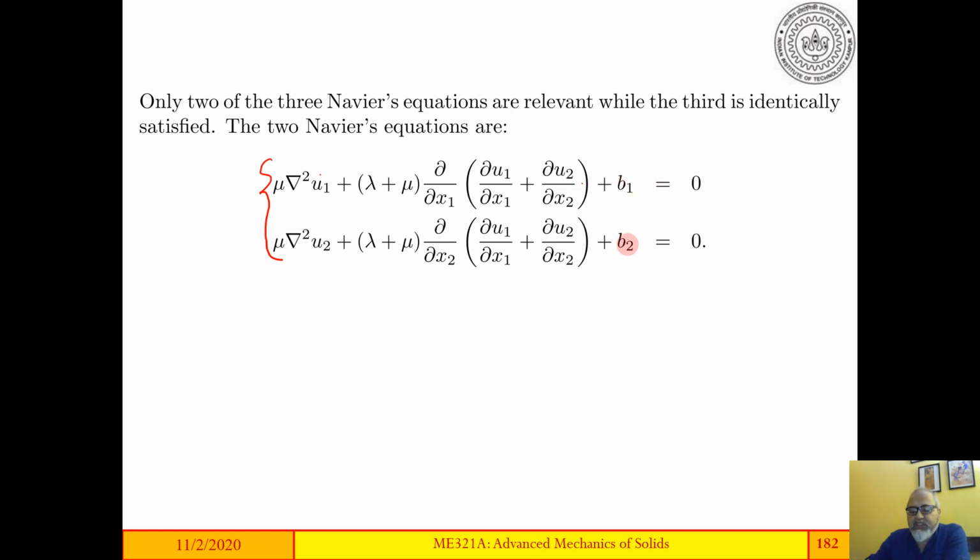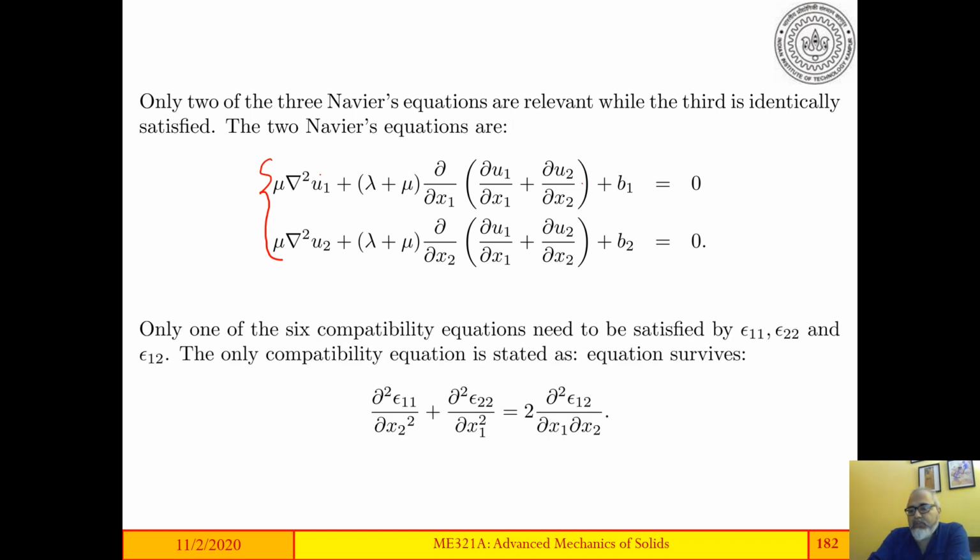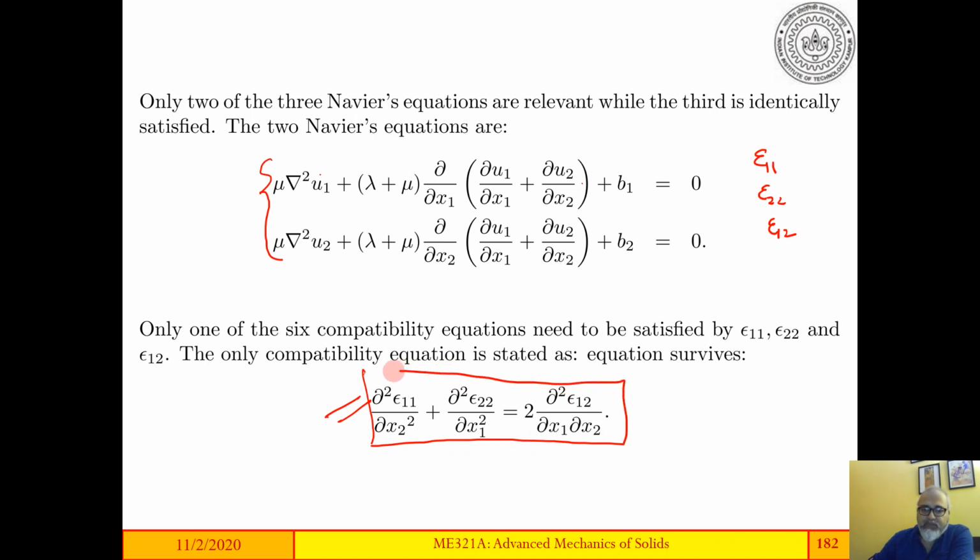You don't have B3, so the third equation, B3, also doesn't appear. So these are the two Navier's equations, and if you go back to your strain compatibility equations, you will see that because the only strains are epsilon 1 1, epsilon 2 2, and epsilon 1 2, out of the six compatibility equations, only this remains relevant. So this is the only compatibility equation that we need to satisfy out of the six that we have.